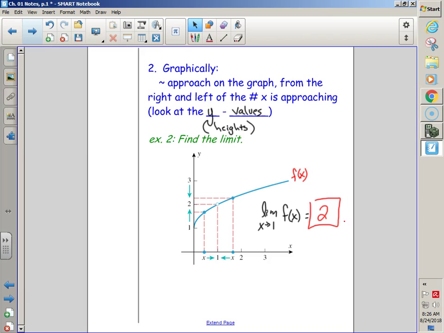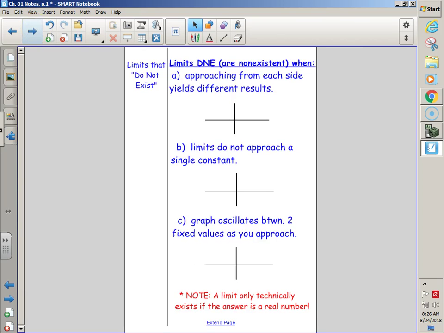So whether it's open or closed, whether they actually get in the door, sit down and eat their breakfast or not is irrelevant. The question is, are they headed to the same place? Are they meeting at the same location? Whether or not it's open or closed is inconsequential. So, are they going to the same location? Definitely. And the location is, look at the y's, look at the heights. 2. So with that, let's talk about when the limits do not exist.